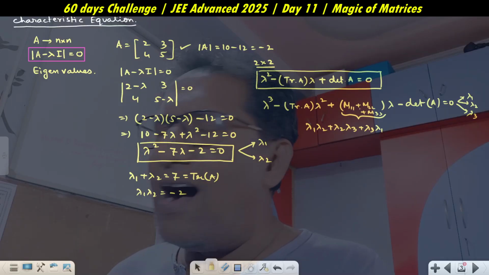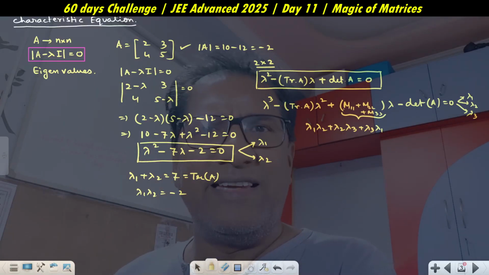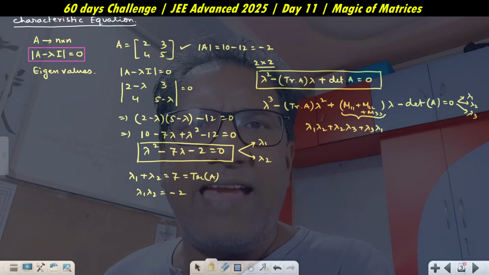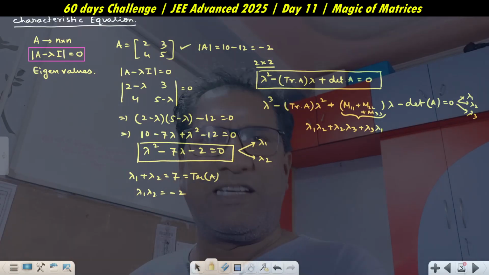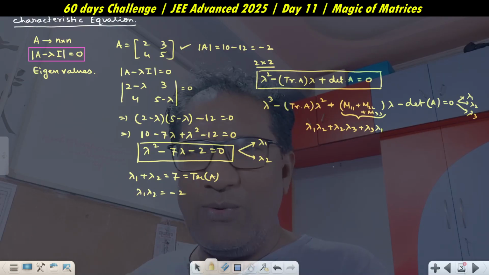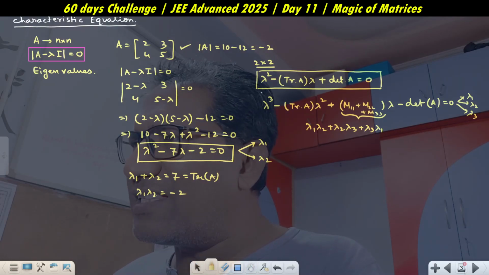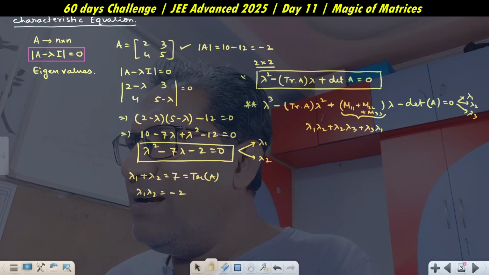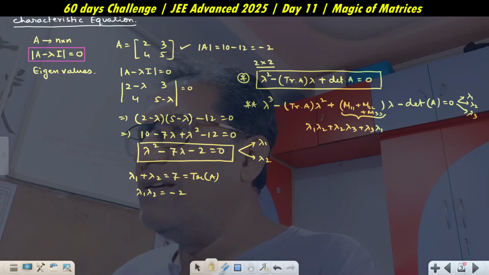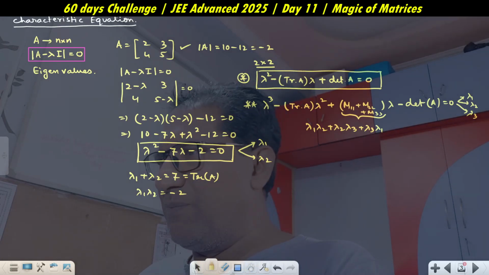So the sum of all the minors of the diagonal elements will be the coefficient of lambda. That's it. Is it clear? Absolutely. So we must remember this as a formula for third order and for second order matrix.